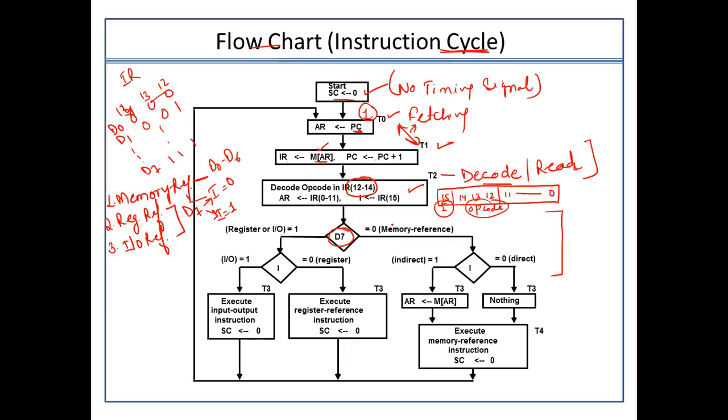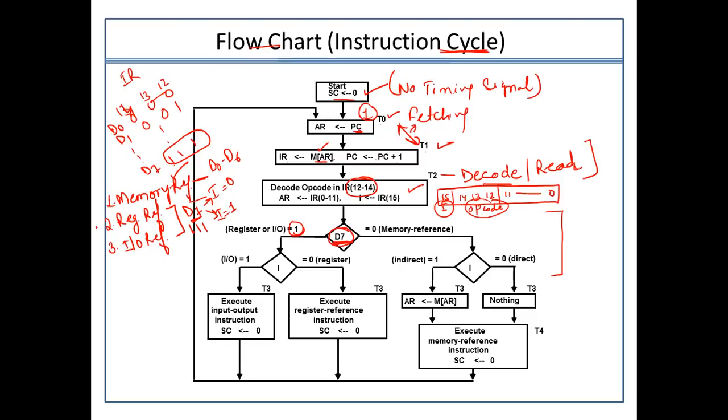So the point here is that we are about to read the data. See, we are considering here D7 because it will help me in deciding whether the instruction we have picked is of type memory reference or of input output or register reference. So if the D7 value is active, means if D7 is equal to 1, means the value here in the opcode is 111.